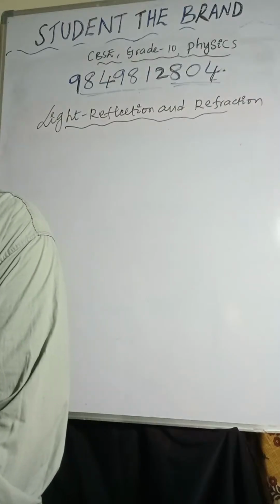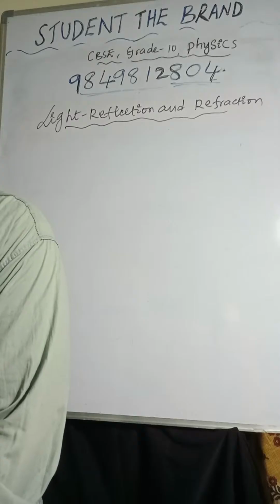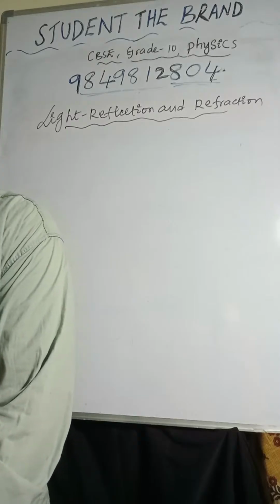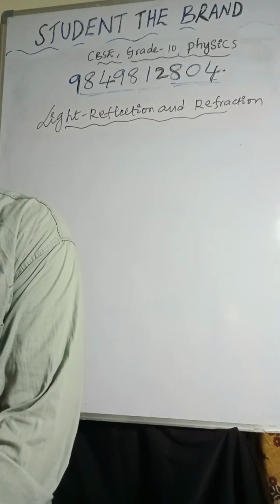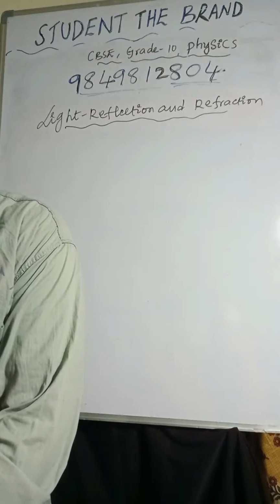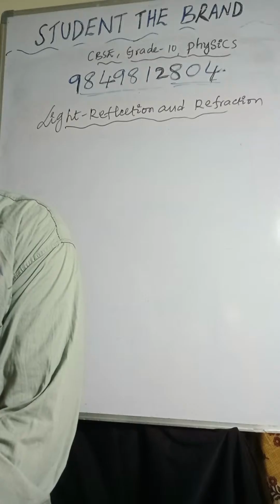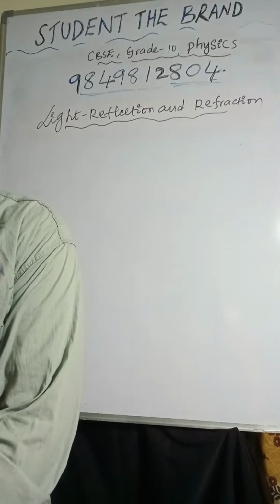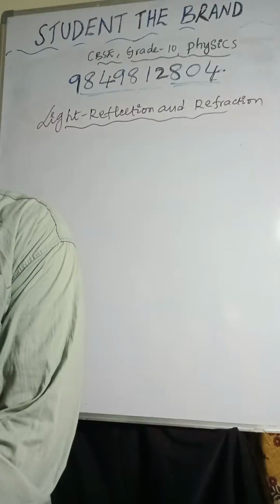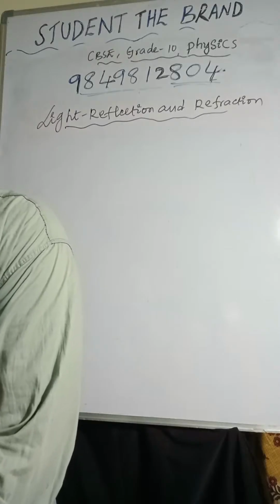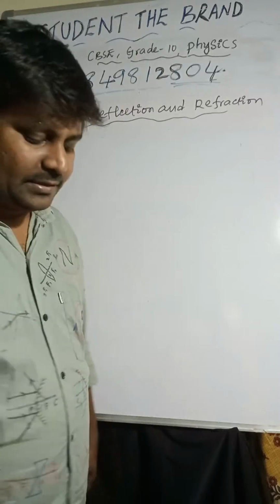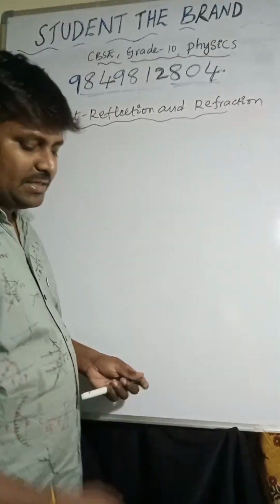Here you can observe the incident ray. After reflection, the light ray will move in a different direction. Light is a form of energy which gives the sensation of sight.